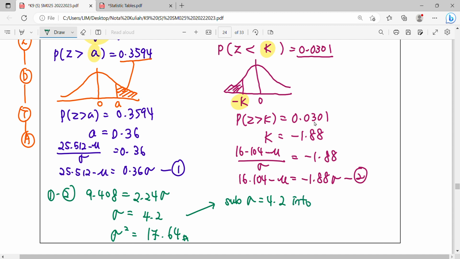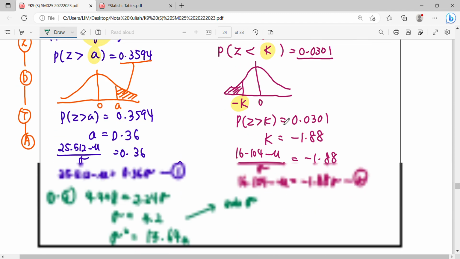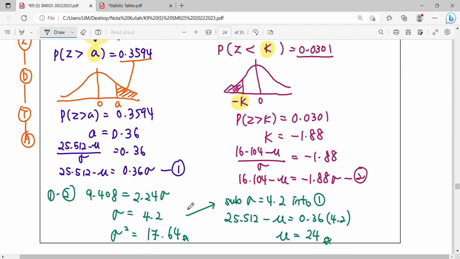So let's say we substitute into equation 1. Okay, so simplify out what your mean is here. 25.512 minus this; moving across, it becomes positive mu, so mu will be 24. Okay, so we have answered already. Mean and variance: mean 24, variance 17.64.